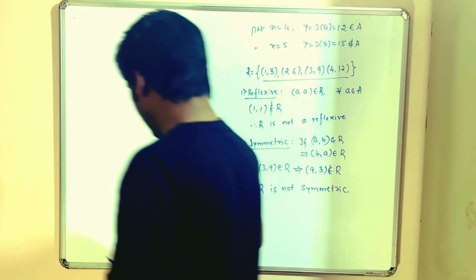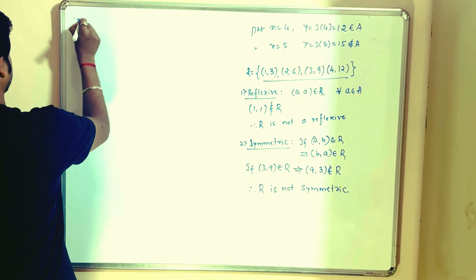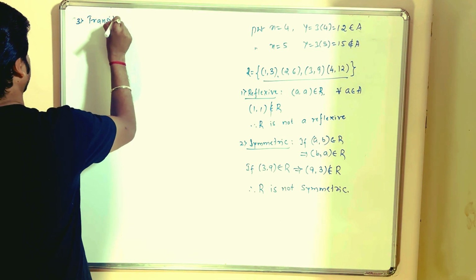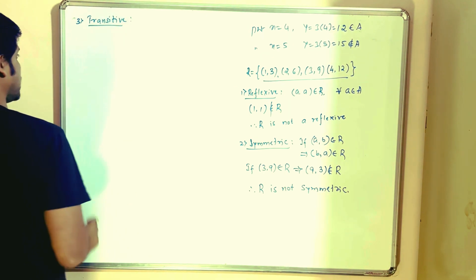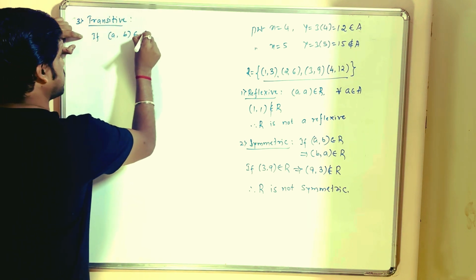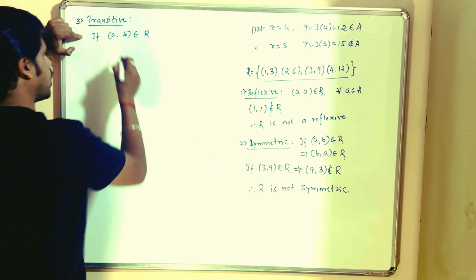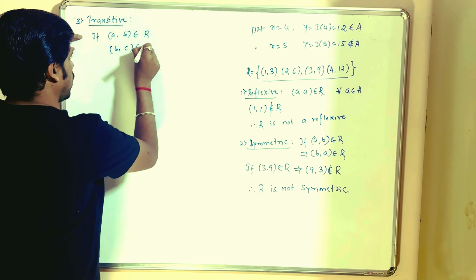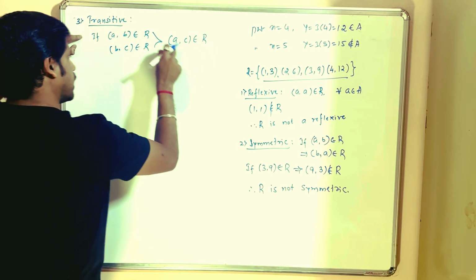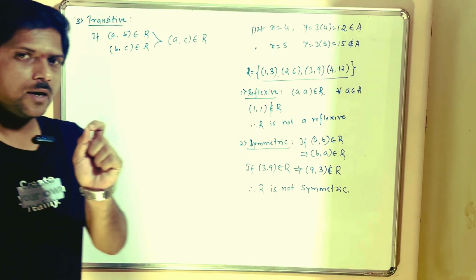Okay, let us improve on the third one. Now let us check transitive. Transitive relation. What is the definition of transitive relation? If A comma B belongs to R, second ordered pair B comma C belongs to R, then A comma C also belongs to R, then only R is said to be transitive, right?